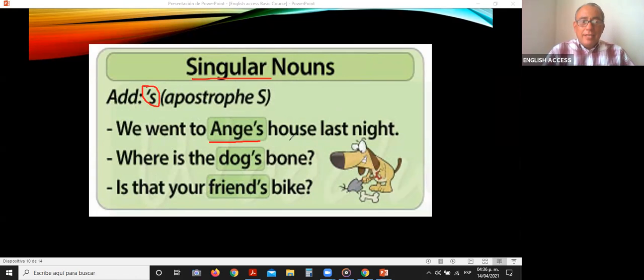The house belongs to Angie, so we add apostrophe s to say this is Angie's house. The sentence says, we went to Angie's house last night, because it's something in the past. It's not relevant right now, but the most important thing is that we know that the house belongs to Angie. That is one way to show possession.